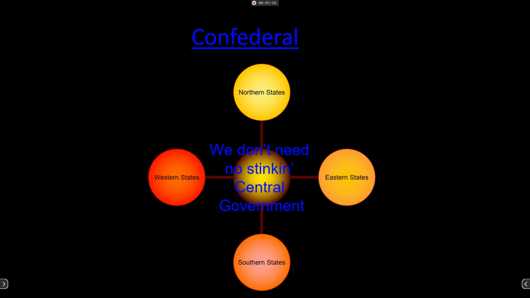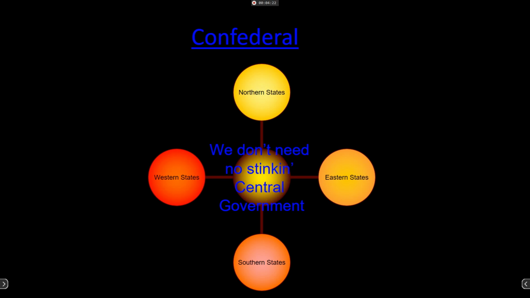And then the third form of government is a confederal system. In a confederal system, all states are equal and there's no real strong central government. I mean, there is a central government there to tie the other groups together, to give them a forum or a place to talk about their specific concerns, to see if they can come to some kind of mutual agreement.